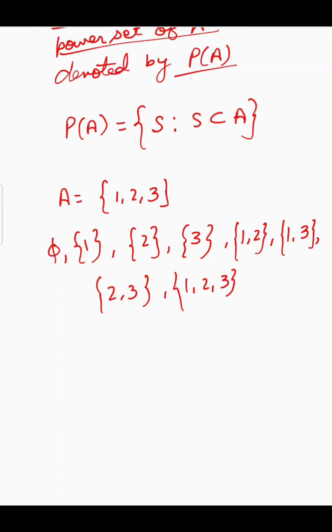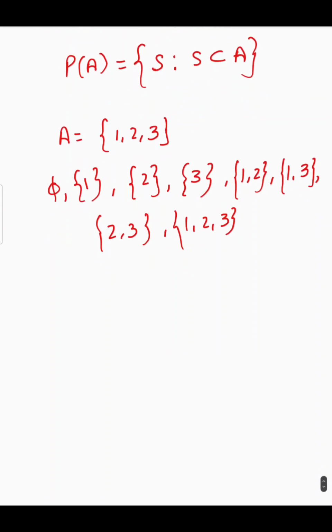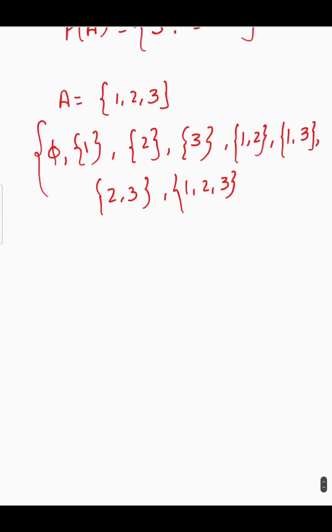Yeah. So this is the thing. So what will be the power set? Power set will be the set of all these sets. So power set of A is this. Okay. Power set of A is the set of all these sets, all the subsets of A. Okay. So this is the thing for here.